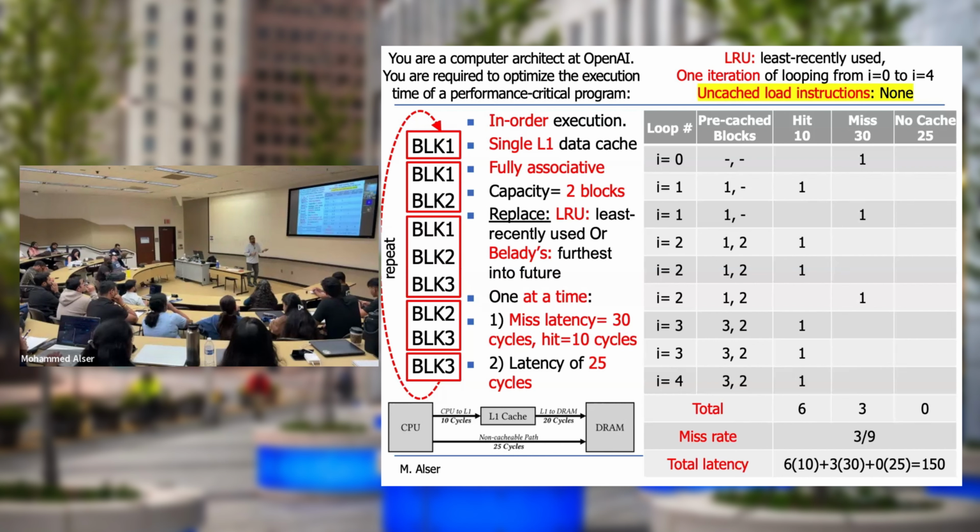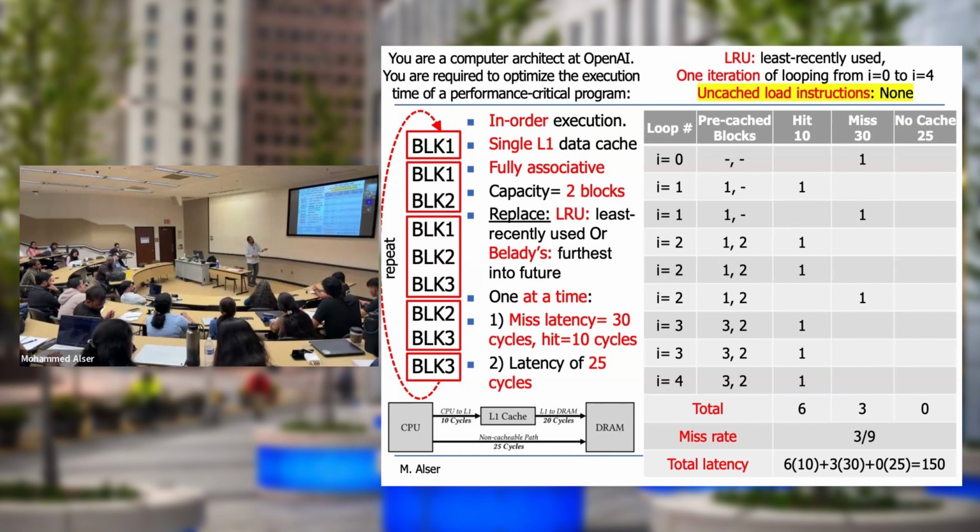Why? Because again, this is the status of the cache before applying that instruction. So now I replace 1 with 3, and this is the current status. Okay, and of course it is a miss since I bring it from the DRAM. Now in I3, I'm requesting block 2, but it already exists in the cache. So it's a hit. And next one, block 3, it already exists, so a hit. In I equal 4, block 3 already exists in the cache, so again, a hit. Okay.